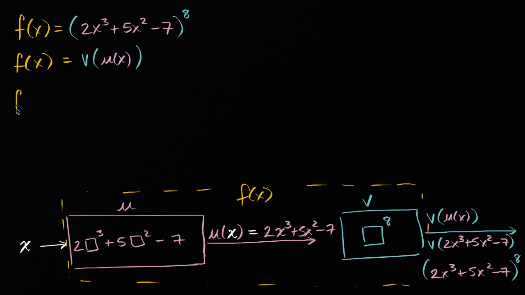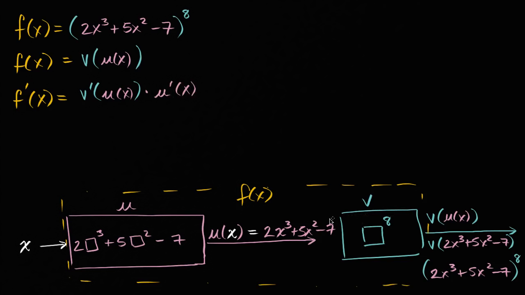The chain rule tells us that f prime of x is going to be the derivative of v with respect to u. So it's going to be v prime of, not x, but v prime of u of x, the derivative of v with respect to u, times the derivative of u with respect to x. So u prime of x.